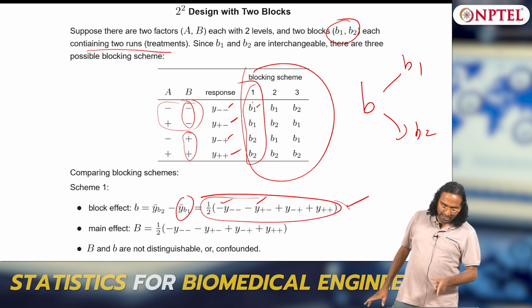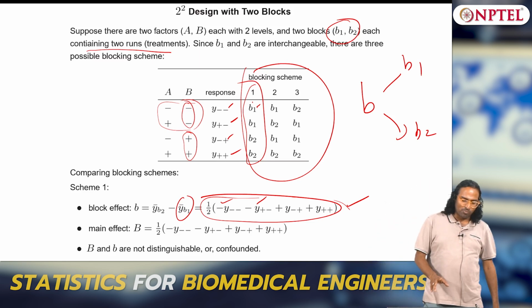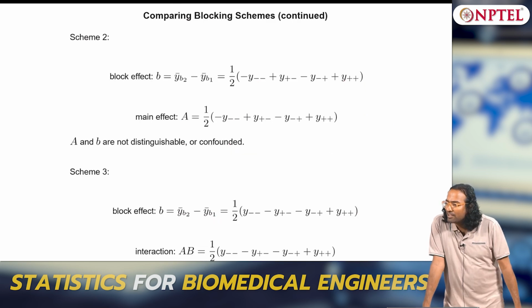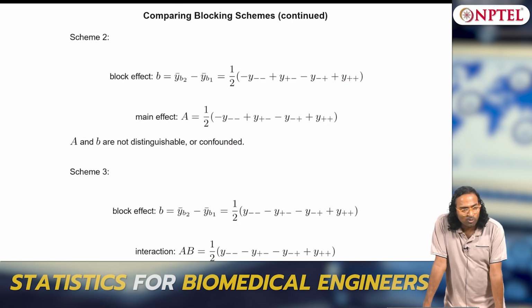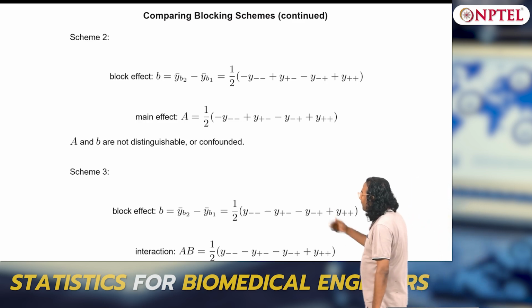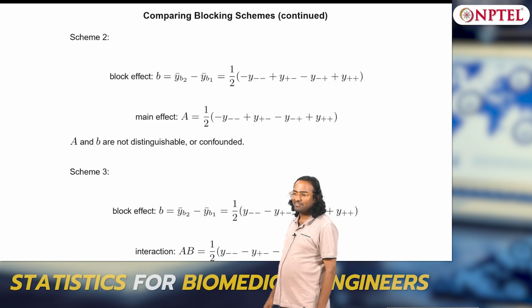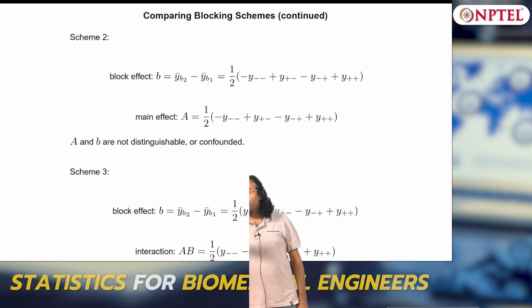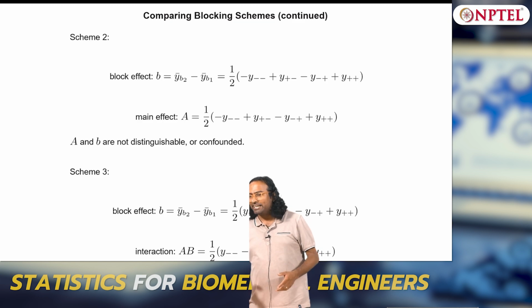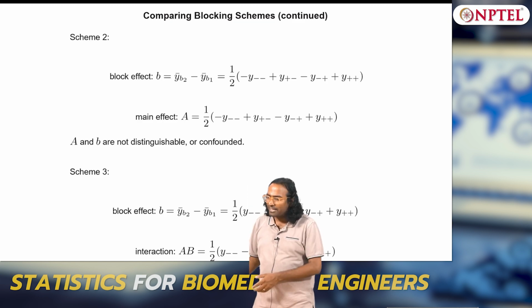Okay. So here you will not be able to say anything about B if you use scheme 1, and you will not be able to say anything about A if you use scheme 2. What about the third scheme? You will not be able to say anything about interaction when you do scheme 3. That is when B1 and B2 are at two different levels of A and B. So obviously you should have guessed interaction is AB positive positive minus AB negative negative.